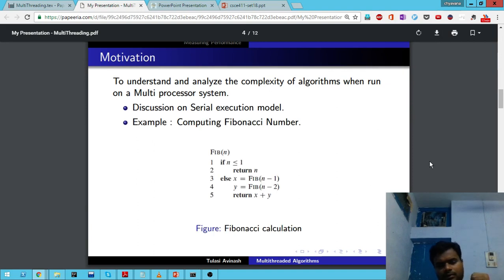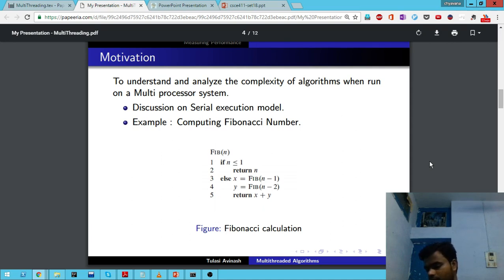So here is an example of computing a Fibonacci number. This is a very small code that computes the Fibonacci number for n. Let us try to execute this step by step, sequentially.